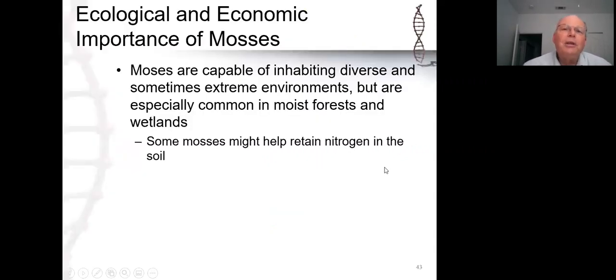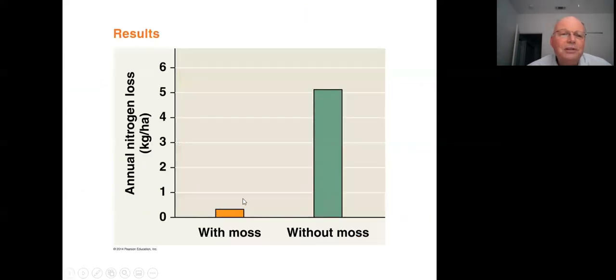So what is the economic importance of mosses? As I've said, they can help form soil. They can help retain nitrogen in the soil. So here you can see the effect of a moss on nitrogen retention in soil.